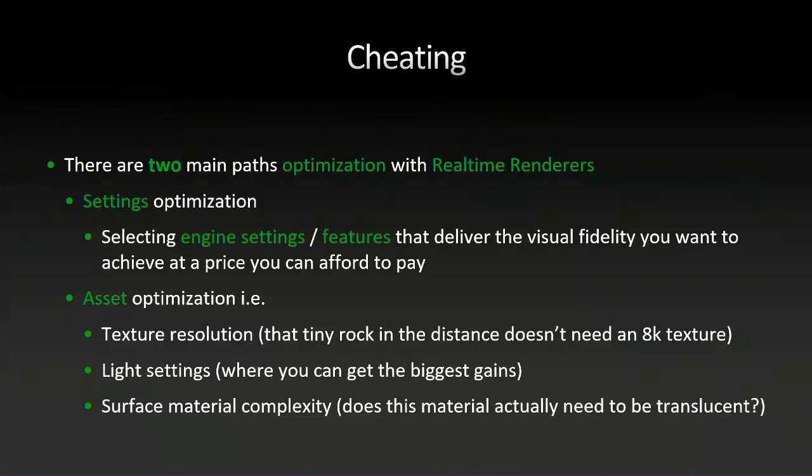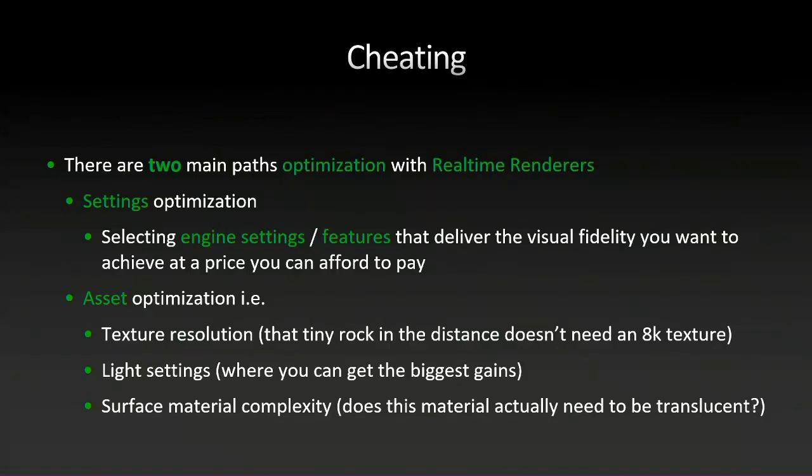So things like texture resolution, I put it at the top there, it really needs to be at the bottom. But if you're limited on memory, texture resolution can be a player in your performance. Like, does that rock in the distance, again at 50 kilometers away, need to have an 8K texture? Probably not. So we can probably minimize that to go easier on the texture streamer.